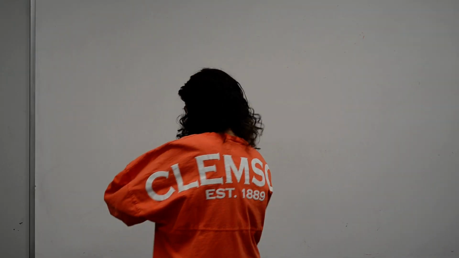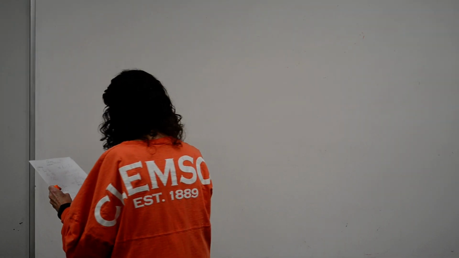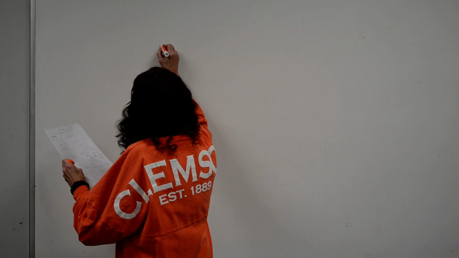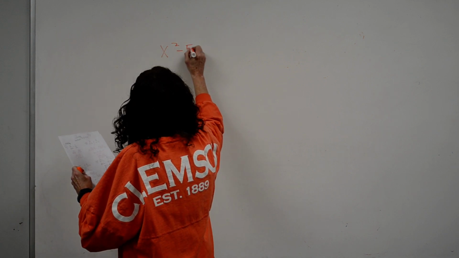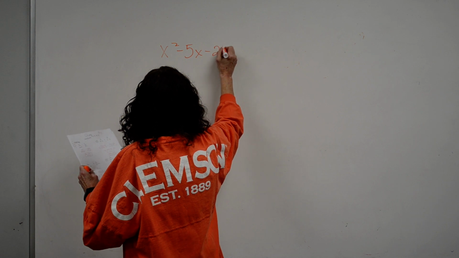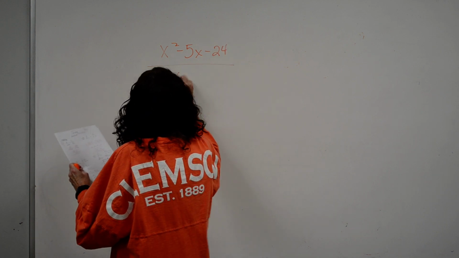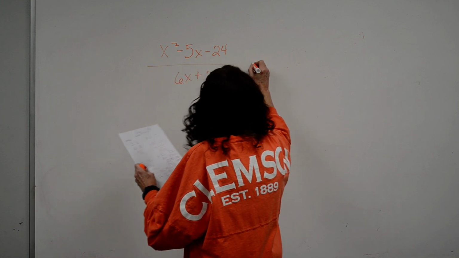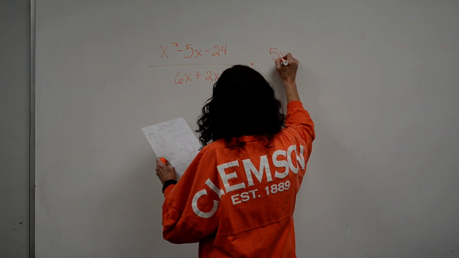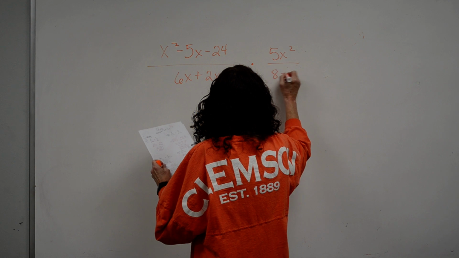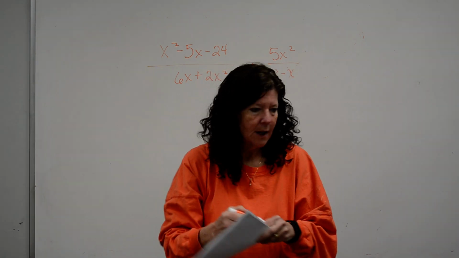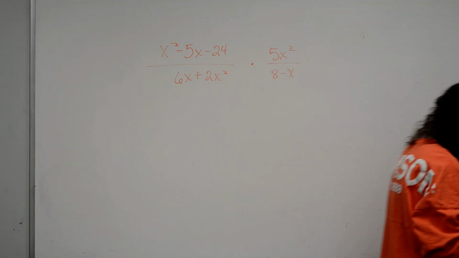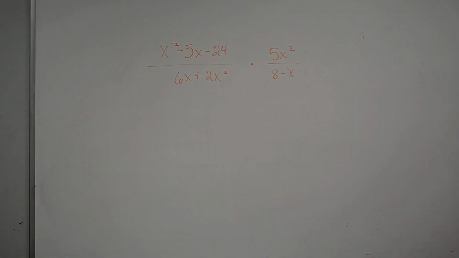So for instance, I'm going to give you one of these to do. Try and do that problem from beginning to end. And while you're doing it on paper, I'm going to do it up on the board.